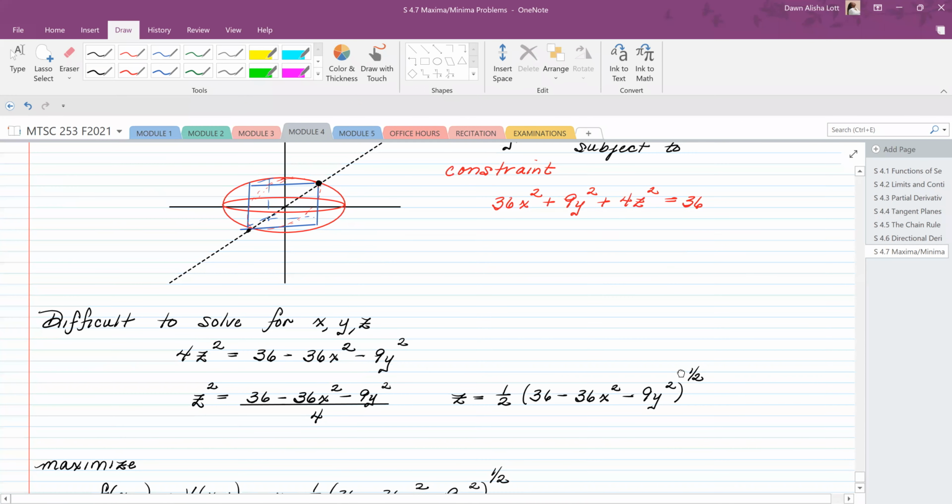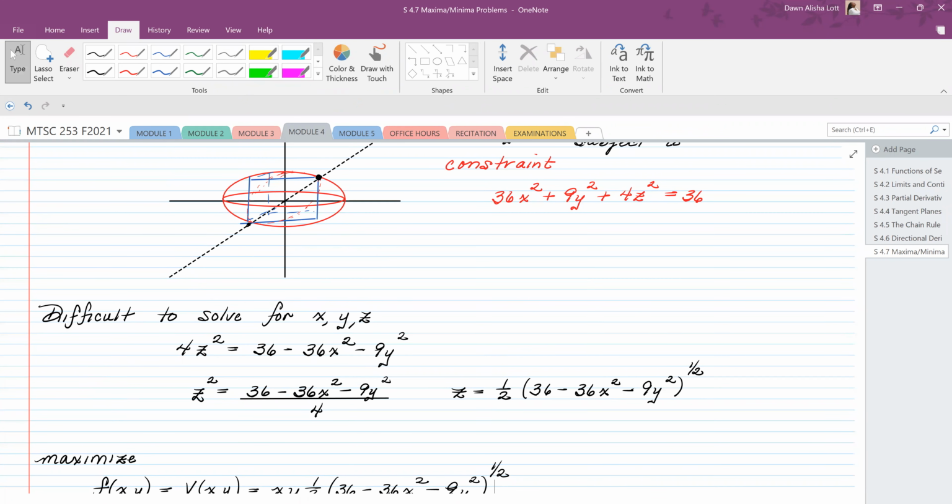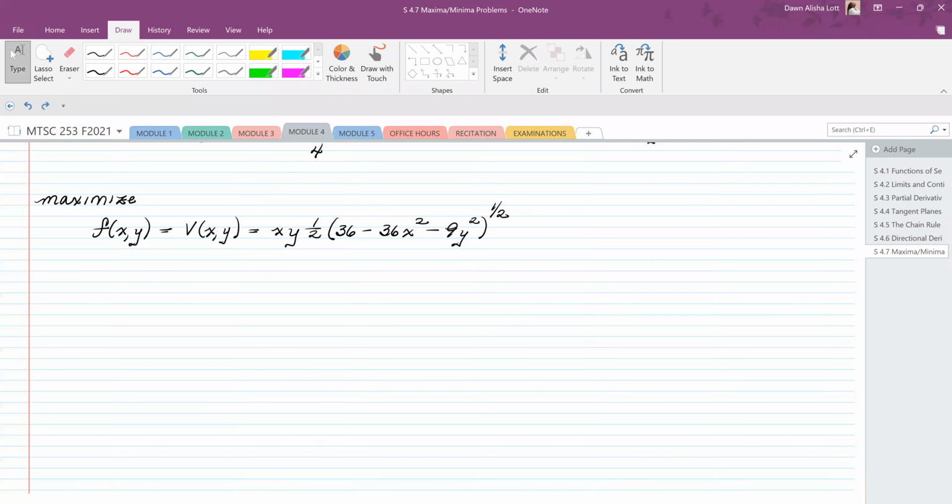Then I ended up with Z squared over... it does not matter. I'm going to leave it just like it is.